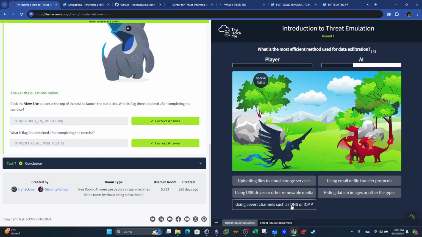So it can easily be used, but the question is asking you to come up with the most efficient one. It is efficient, DNS, yes, because DNS cannot be blocked in an organization network. It must be used, so you can use it to exfiltrate data, but it is not the most efficient. It can be detected easily.